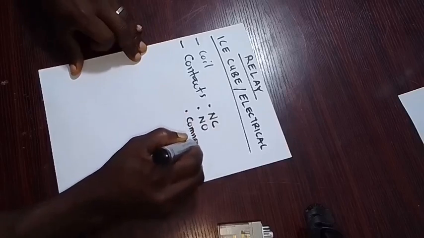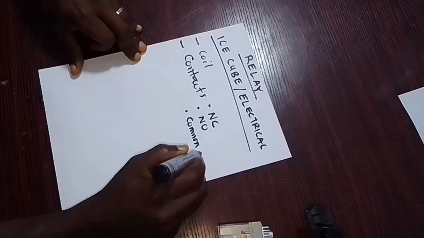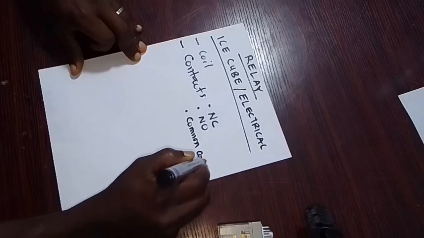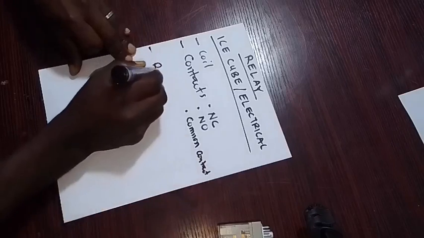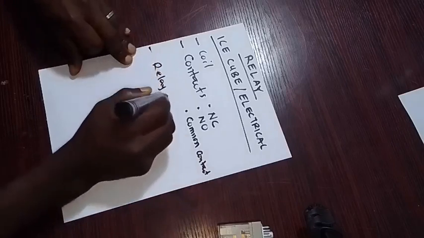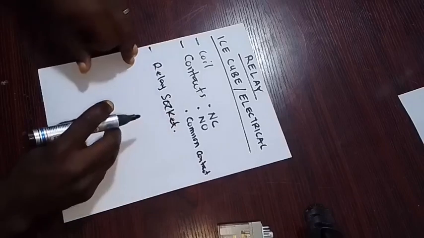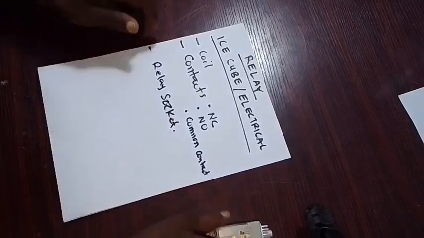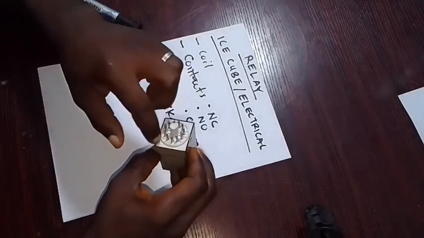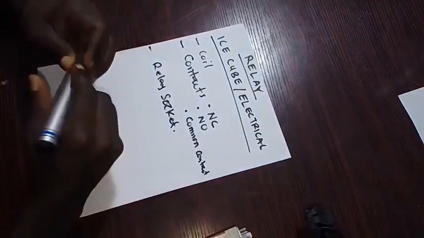We're going to discuss all of that. The relay socket is meant to hold the relay, and it is able to hold the relay by reason of the pins that we have here. The pins are inserted into the socket.